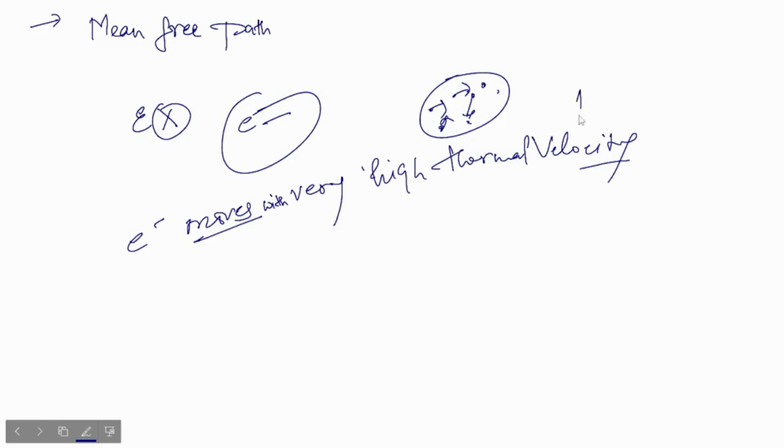This thermal velocity is approximately 10 to the power 5 meters per second.